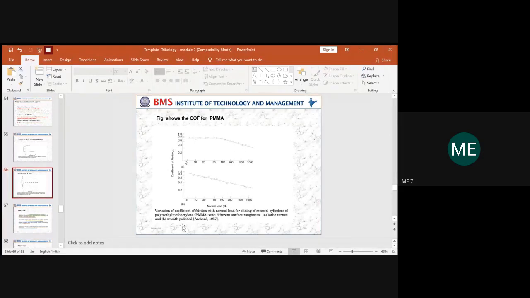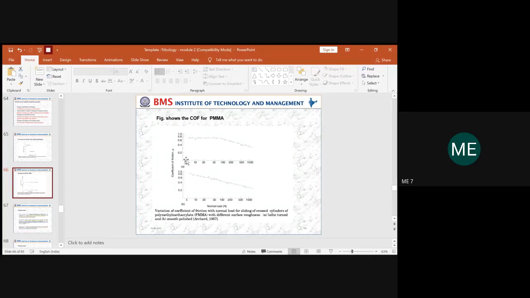When you polish, the surface roughness will not be too much. Whereas the other cylinder, which is just formed by lathe, will not have a smooth finish because smooth finishing is not done. As a result, the surface roughness of that particular cylinder will be different.